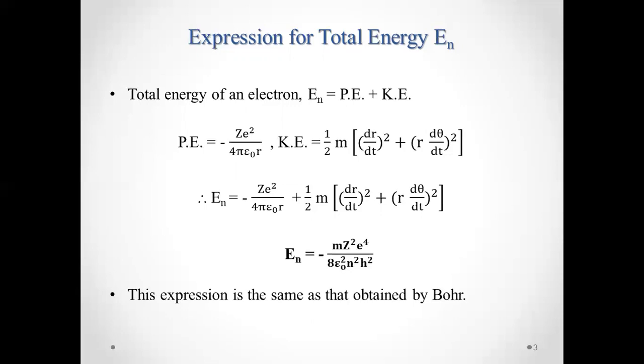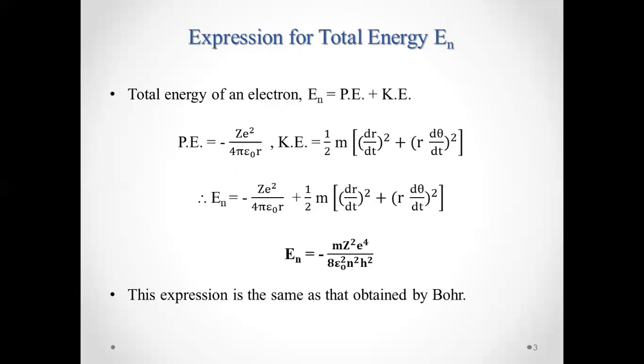Similarly, the kinetic energy of the electron is determined by making use of the radial and transverse components of momentum along the two perpendicular directions, and it is given by half m into (dr by dt) whole square plus r into (d theta by dt) whole square.